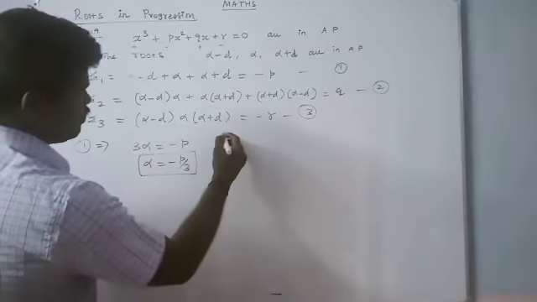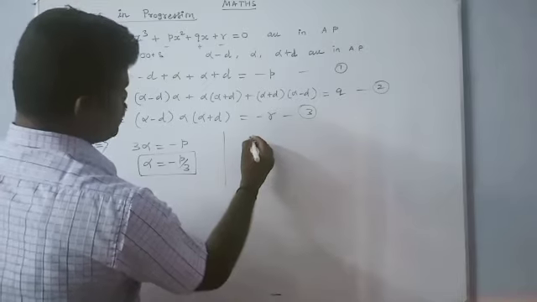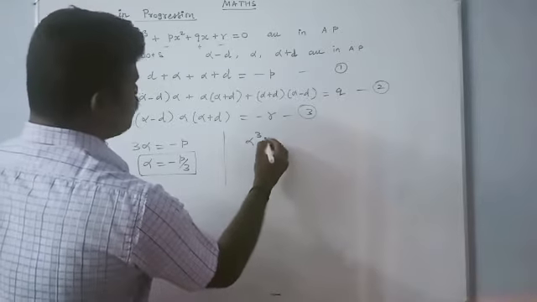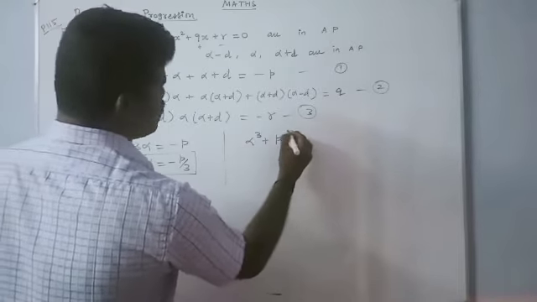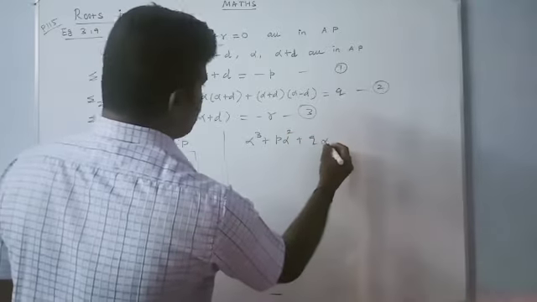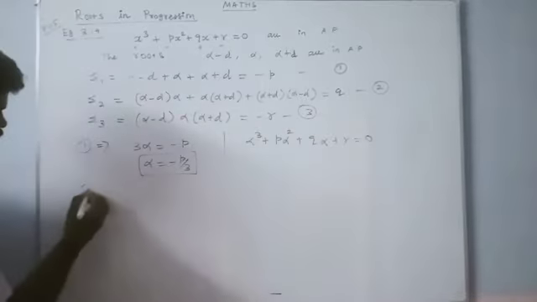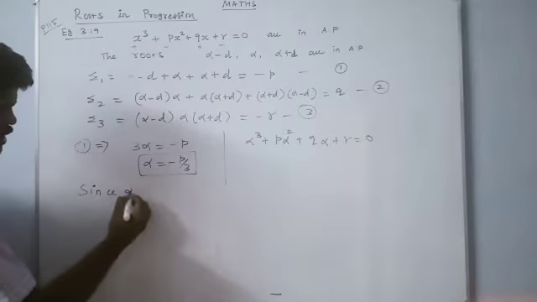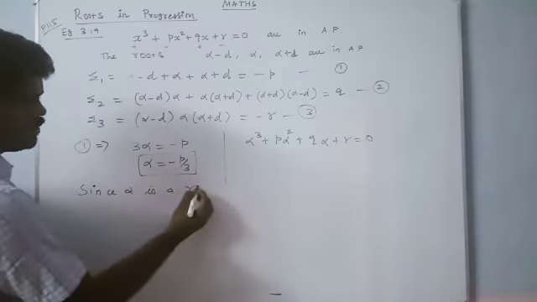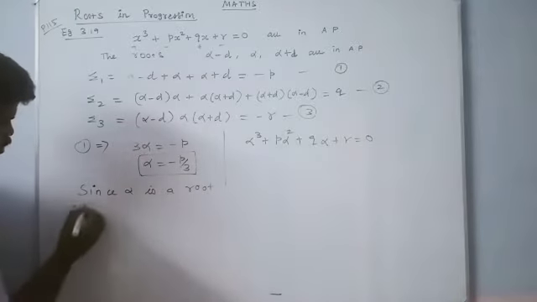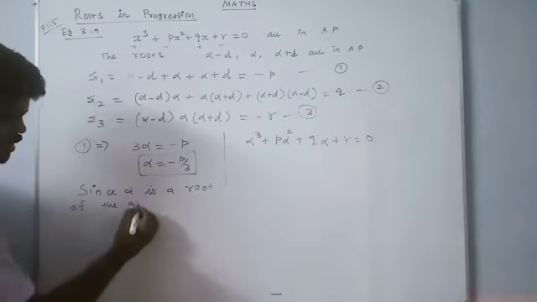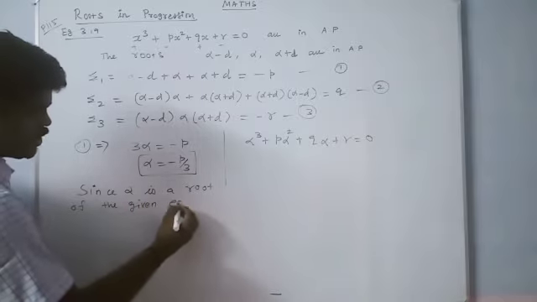Therefore the equation may be written as alpha cube plus p alpha squared plus q alpha plus r equal to 0, since alpha is a root of the given equation.